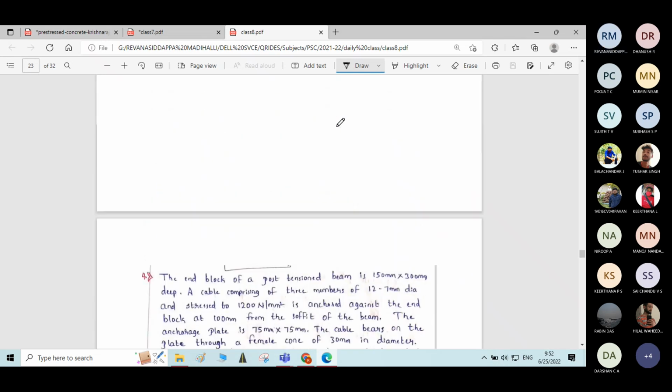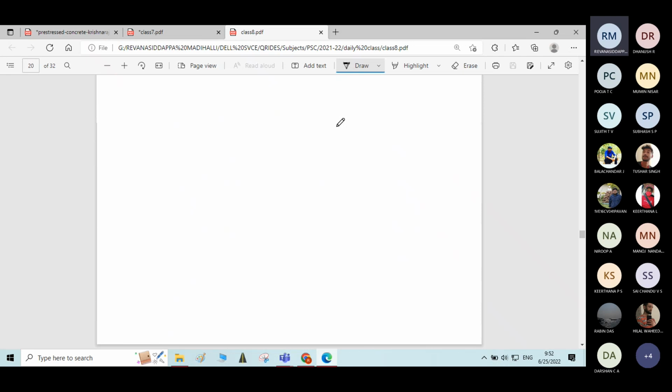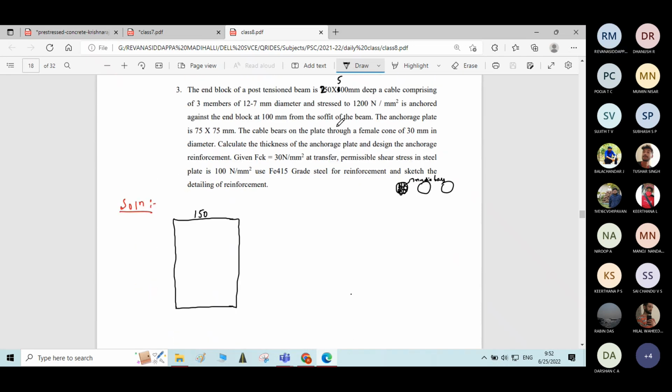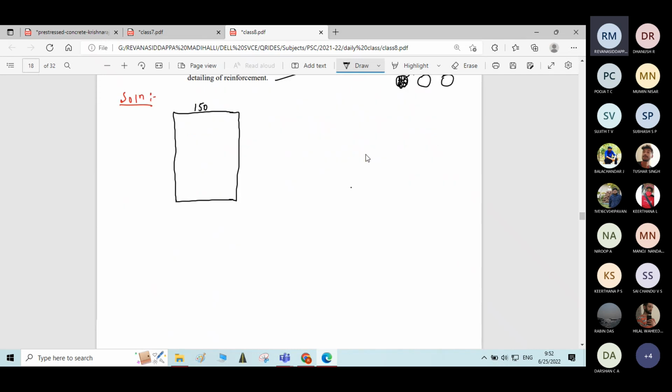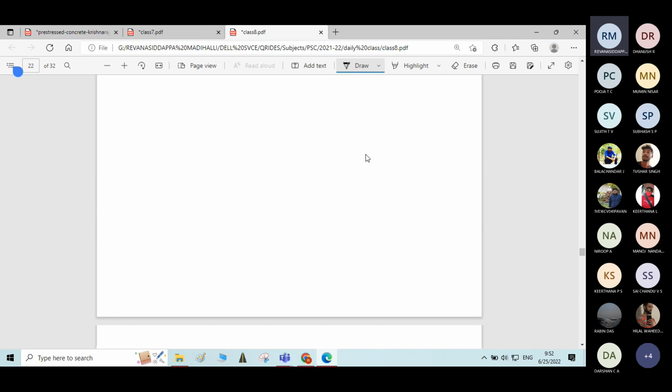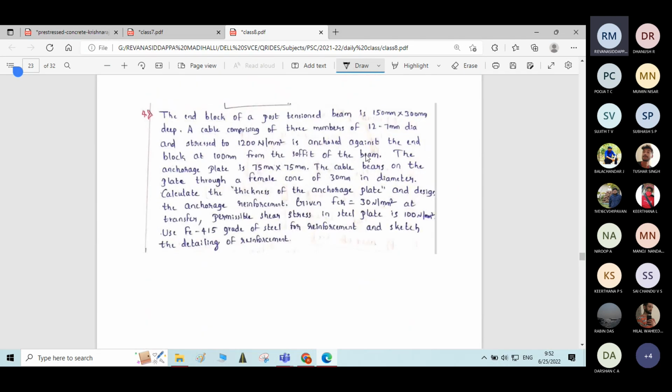Write this problem. This problem we have already solved in the previous class. Write this problem, all of you. Problem number 4.